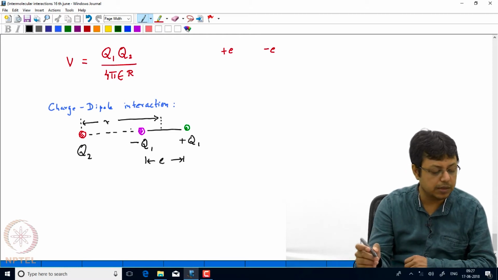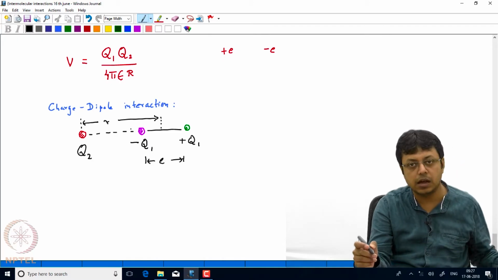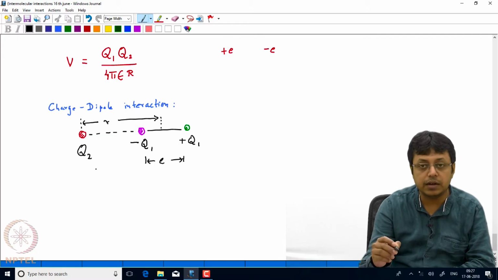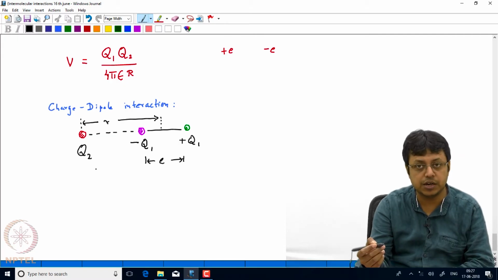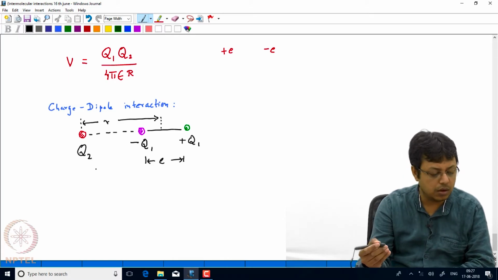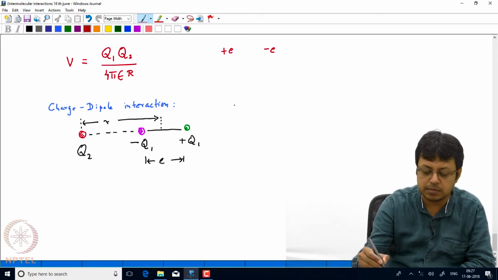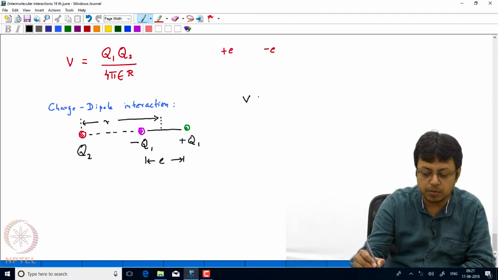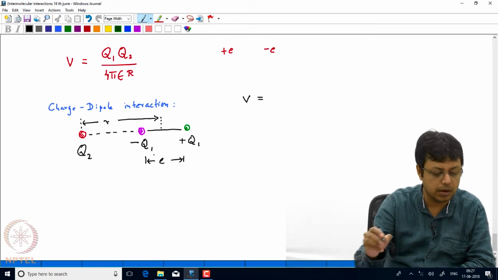Now, the question is what will be the interaction potential, which we can easily figure out. This charge Q2 will interact with either of the charges, plus Q1 and minus Q1, which gives rise to an addition of potentials. So if I write the potential as V, I first consider the interaction between Q2 and minus Q1.